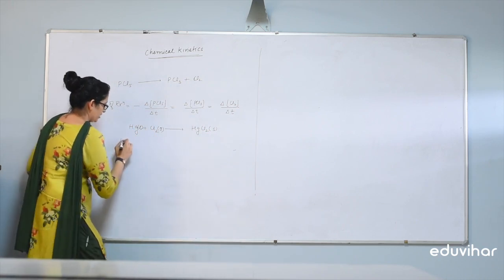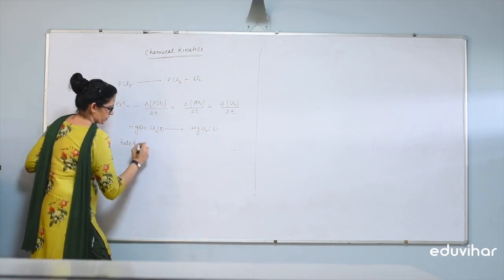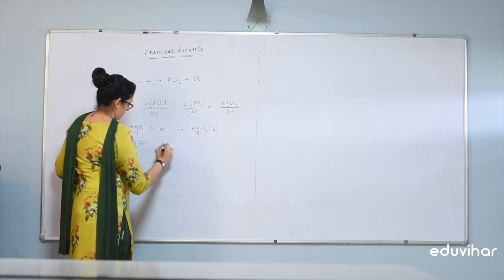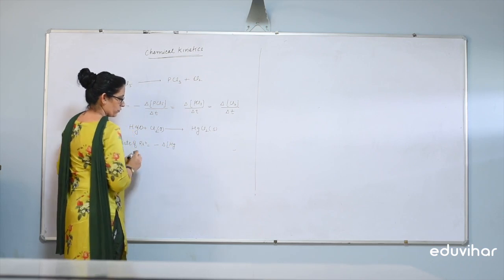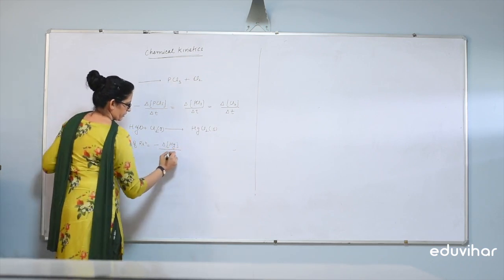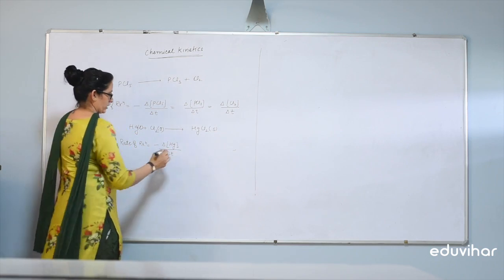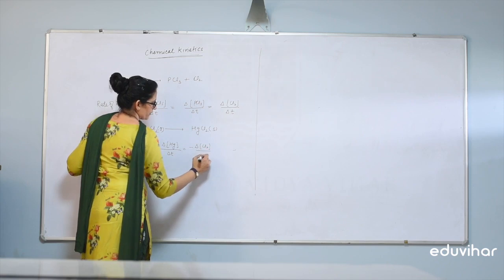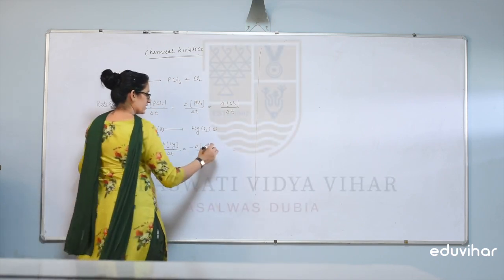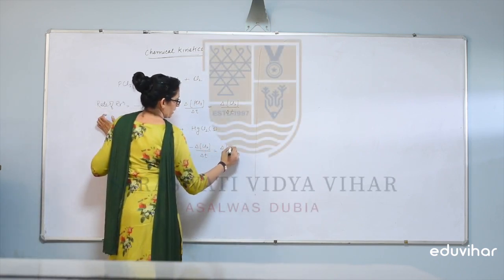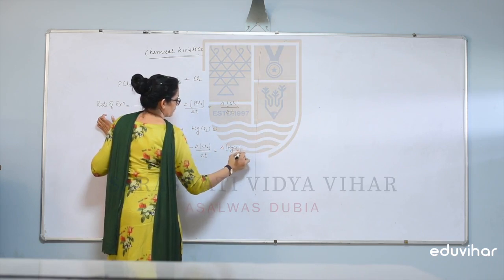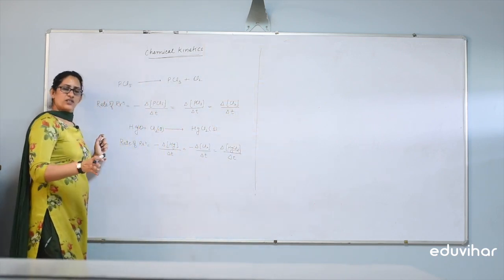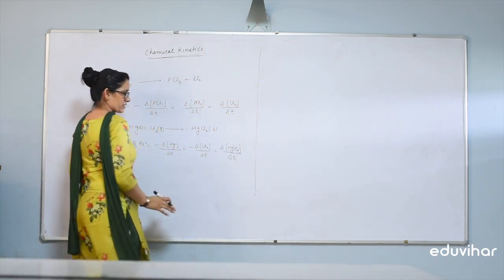I think the rate of reaction is equal to change in concentration of Hg with respect to time, that is equal to change in concentration of chlorine with respect to time, and this is equal to the change in concentration of HgCl2 with respect to time. Okay, we always take the concentration of solid as 1, we will discuss this later.